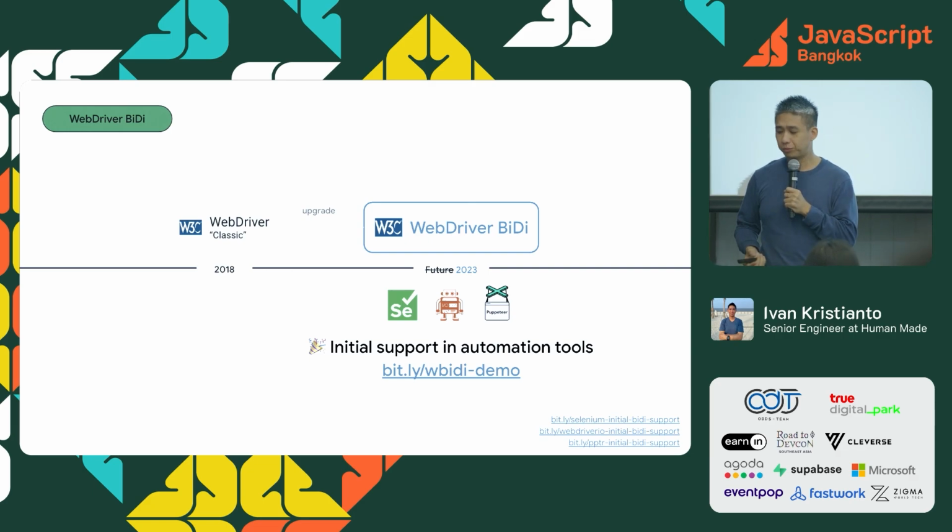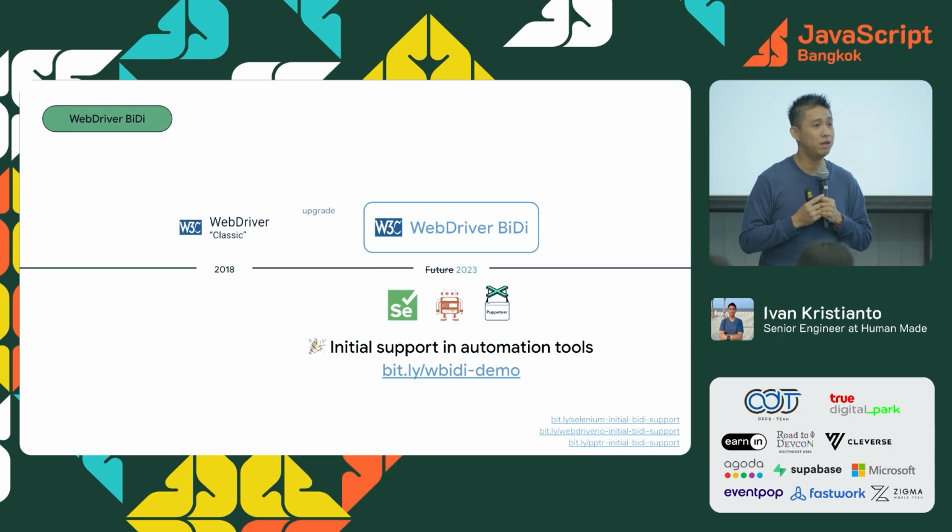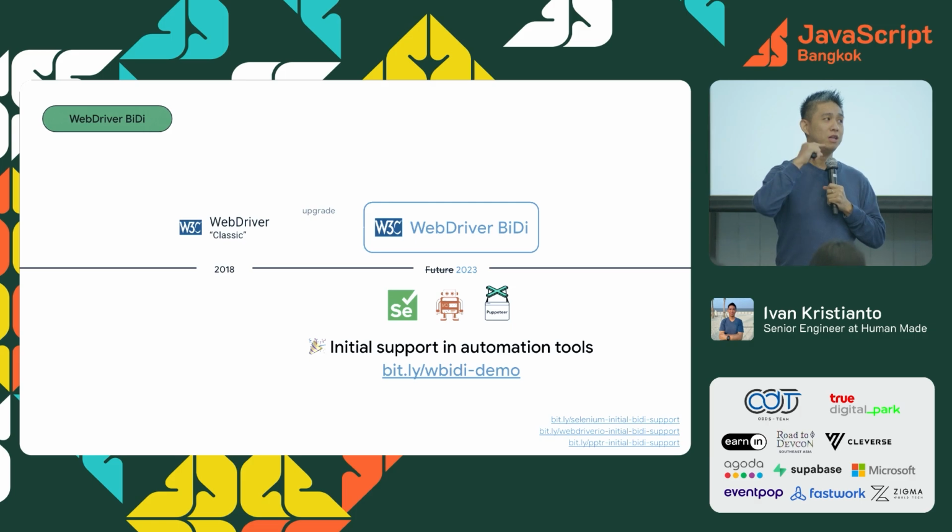For example, WebDriverIO version 9 already has an initial support for WebDriver BiDi. It's just a simple configuration, just one line of configuration, and you can use WebDriver BiDi in your test.